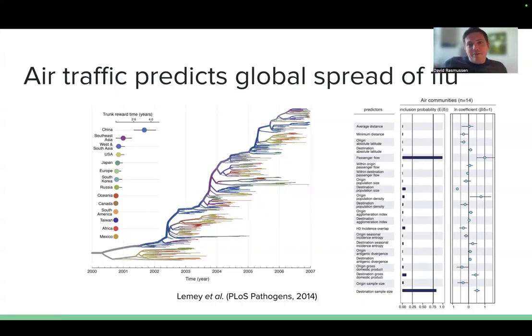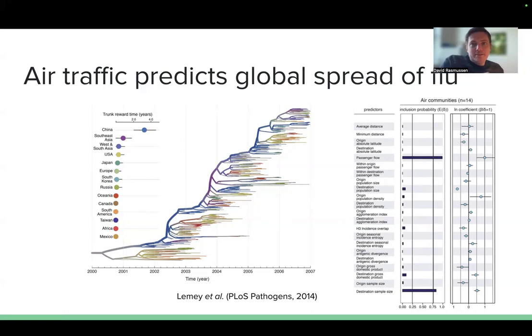If there's a high volume of air traffic between those two locations, we also expect that because there are so many people moving between those locations, flu viruses will also be rapidly moving between those locations as well. And so the migration rate for the virus will be very high between destinations where there's more air traffic.